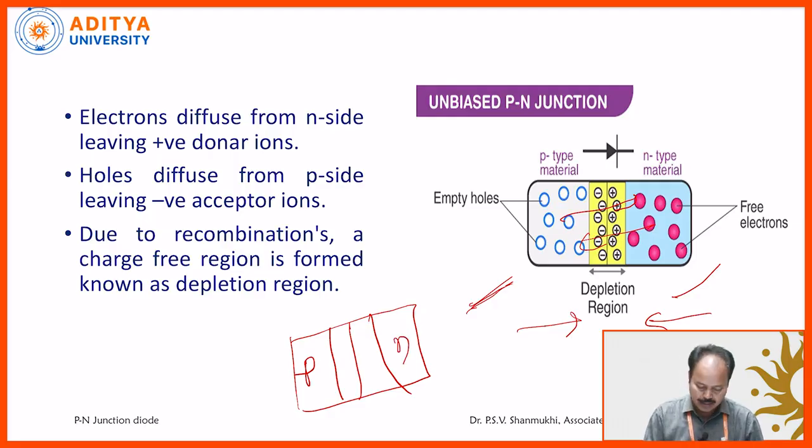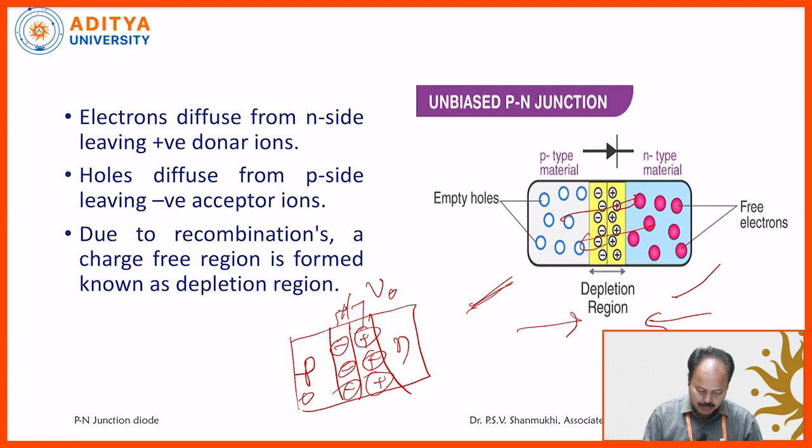Here the negative acceptor ions are accumulated, and here the positive donor ions are accumulated. In between these two a voltage is developed, called the barrier voltage or built-in voltage. This voltage, V0, opposes the further flow of carriers.